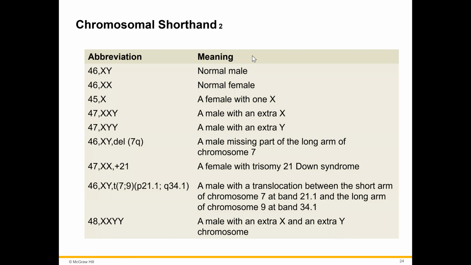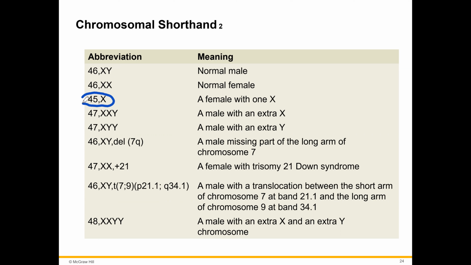For example, we did a karyotype on a person, and it's a normal male. We need to abbreviate it somehow, right? So we abbreviate 46, that means the normal number of 46 chromosomes, XY, and XY tells us that's a normal male. Now this one, 46XX, that is a normal female.